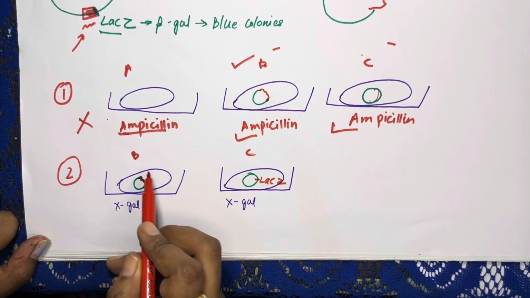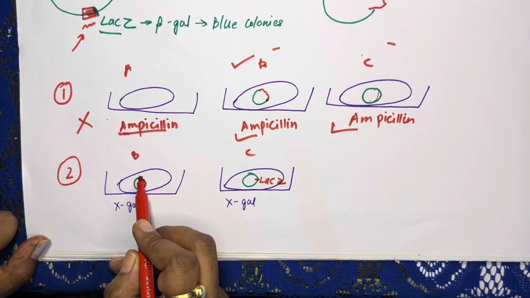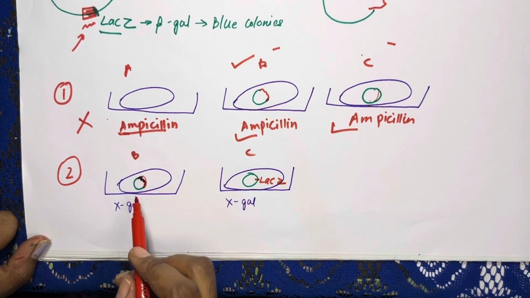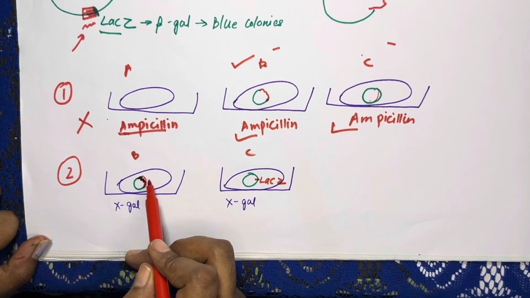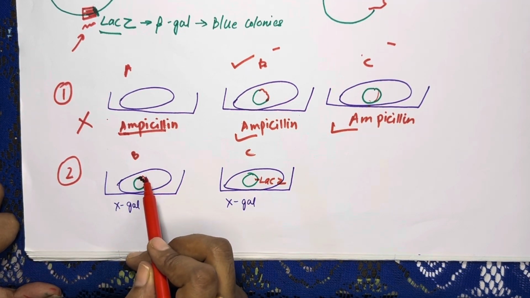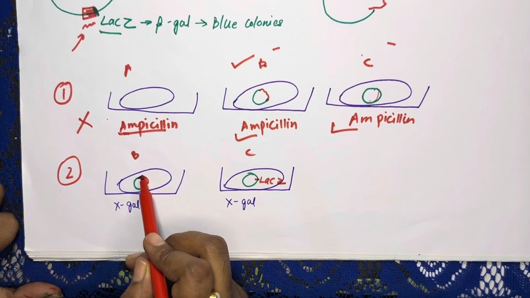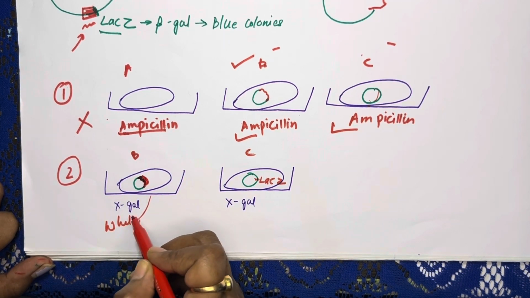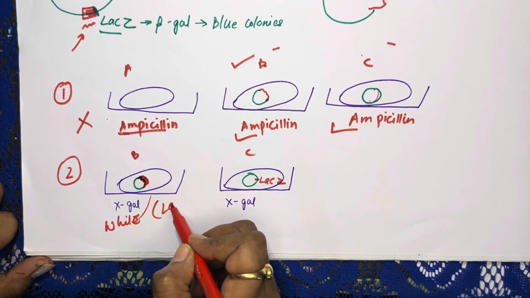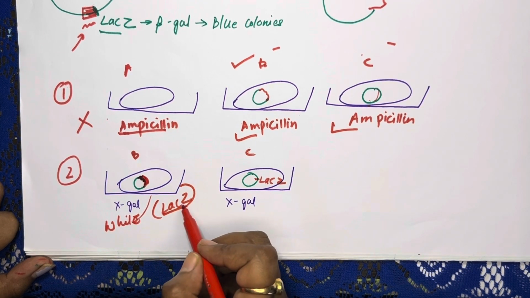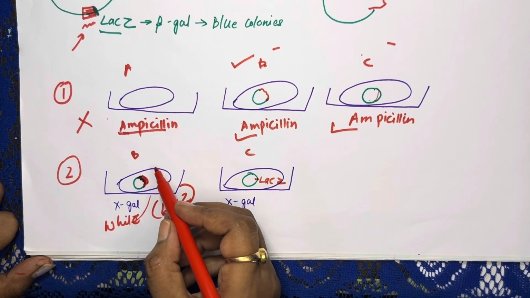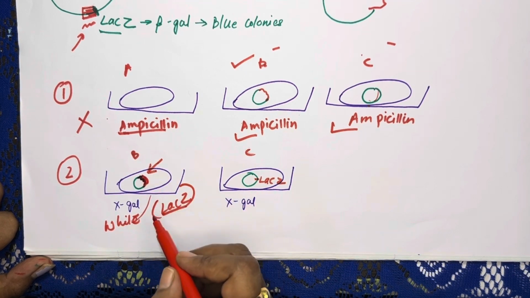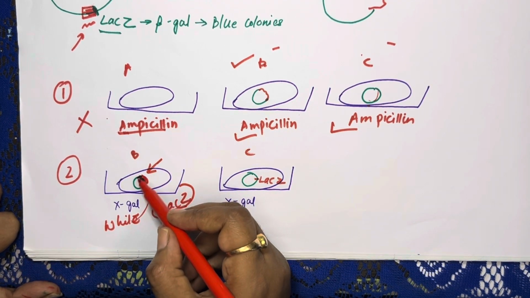But in case of the recombinant one, in this particular region it had the lacZ gene, which was inactivated after insertion of our gene of interest. So here white colonies will be formed because lacZ is now functionless. And why is the lacZ gene functionless? Because the gene of our interest, that is the insulin gene, has been inserted here.